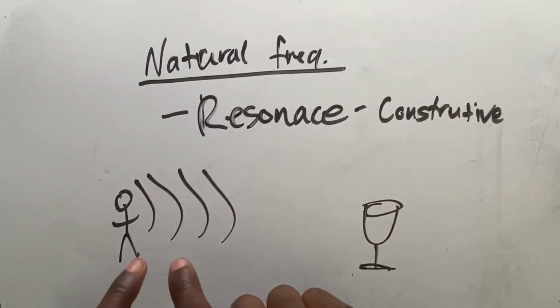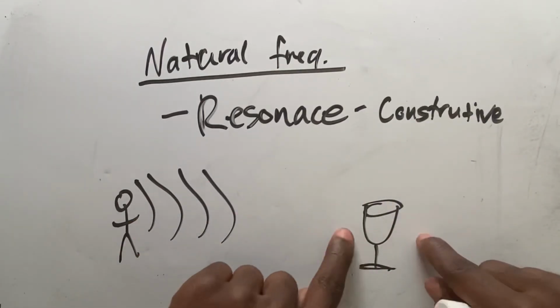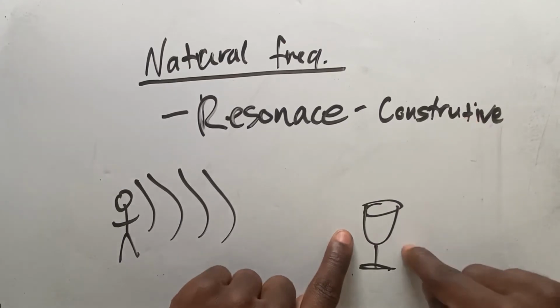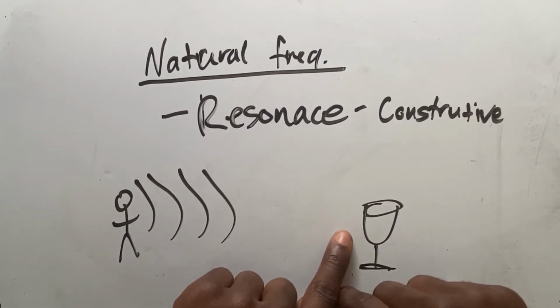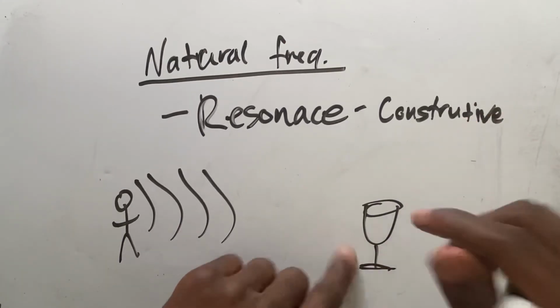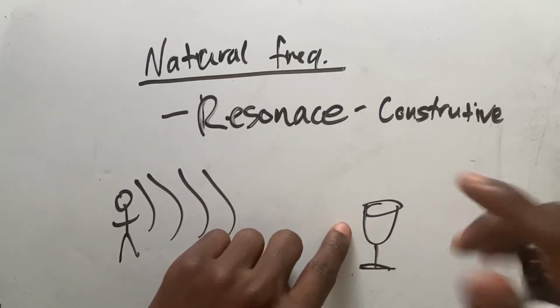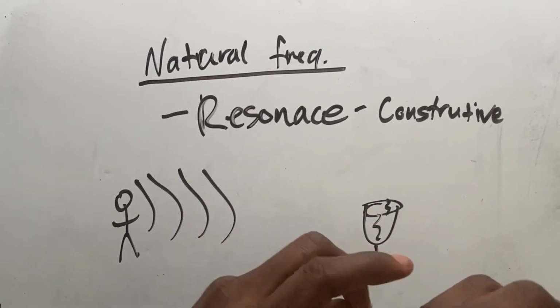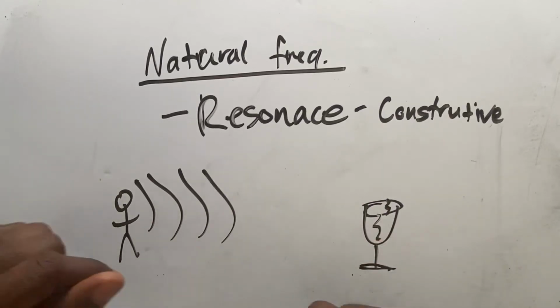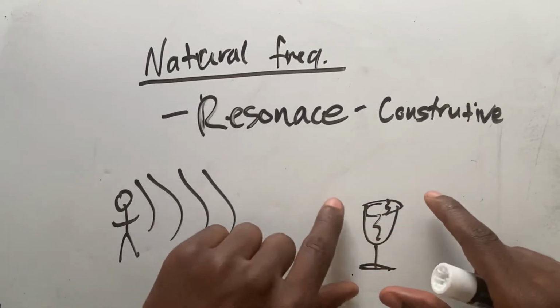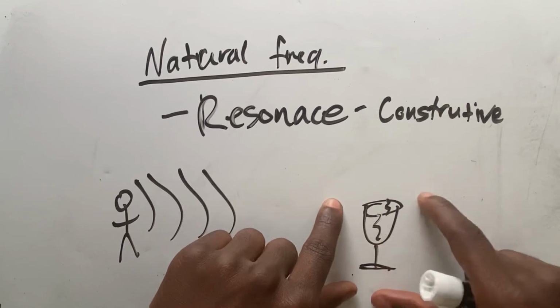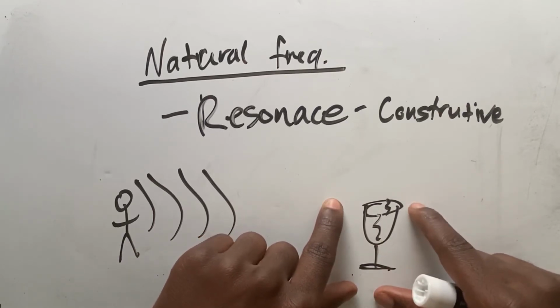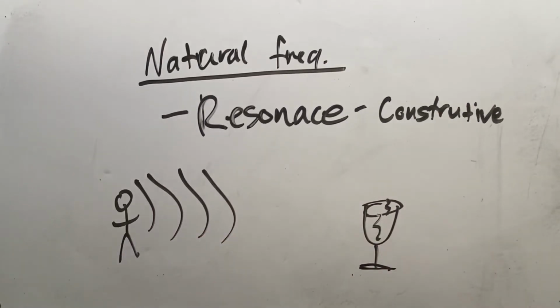So you could imagine this wave plus this wave interact with each other constructively, the amplitude is going to be doubled, and then that increase in amplitude is what causes this glass to break, because so much energy is being given to this glass of wine, or wine glass.